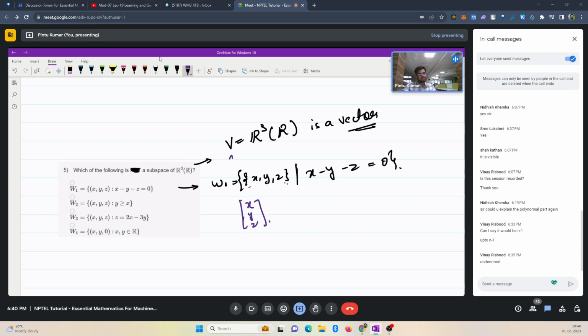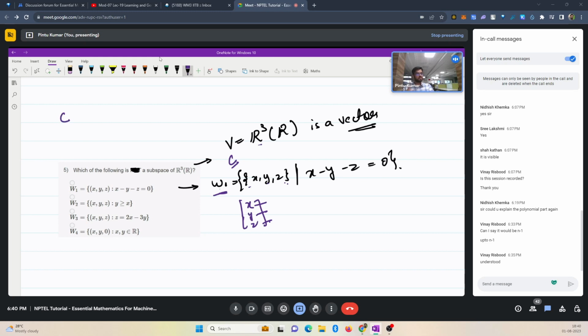So is W1 a subset of V first of all? Yes, because V is R3, so three-dimensional vectors, which have three elements, and W1 also has three elements. So W1 is a subset of V. First thing is clear. Now what we want to check is whether it is a subspace or not.